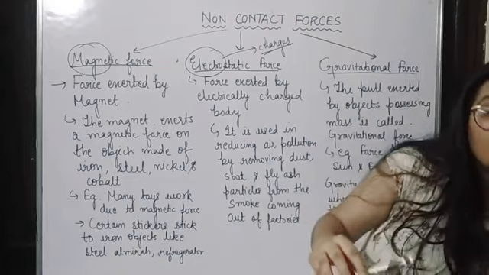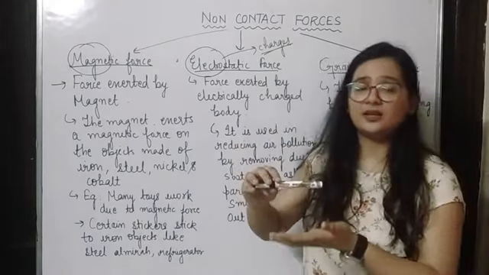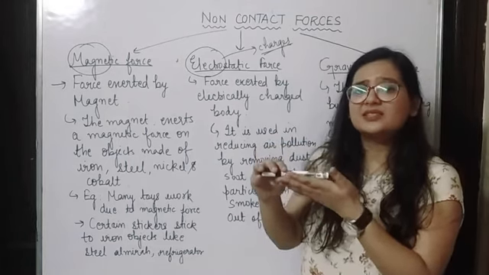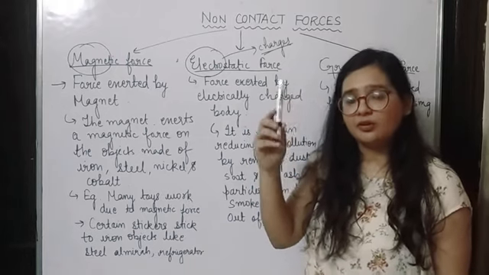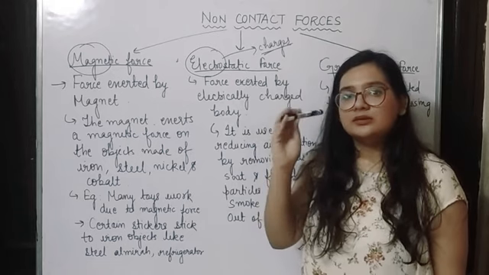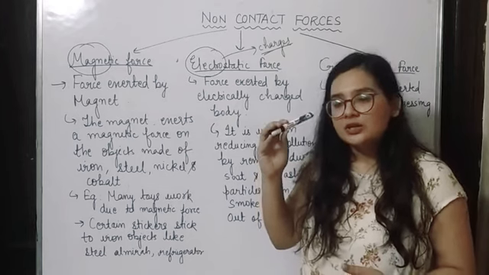Now why are those bits of paper attracted by the scale? Because when I rubbed the scale with my hair, the scale got charged, the scale got some kind of charge, right?